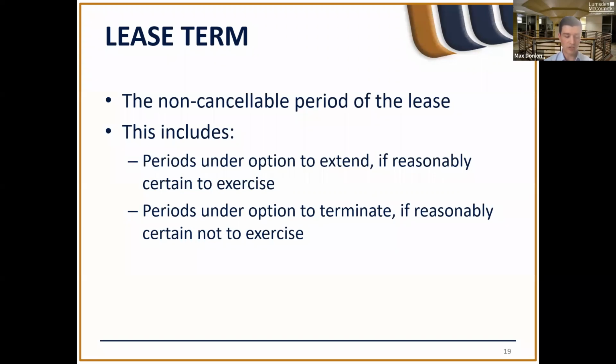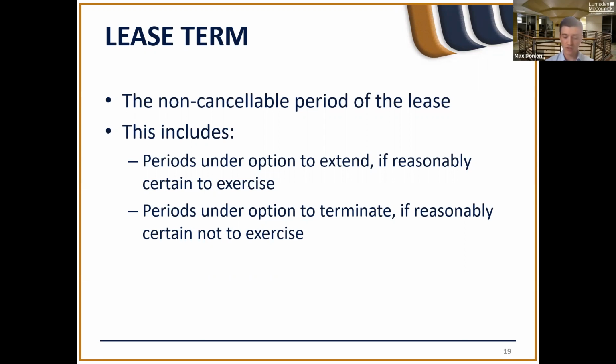The lessee should also consider the periods under option to extend the lease if the lessee is reasonably certain to exercise the option, and the periods under option to terminate the lease if the lessee is reasonably certain not to exercise the option. The term reasonably certain is a high threshold, which is substantially the same as reasonably assured in existing US GAAP. This includes an assessment of the economic incentives of the arrangement.